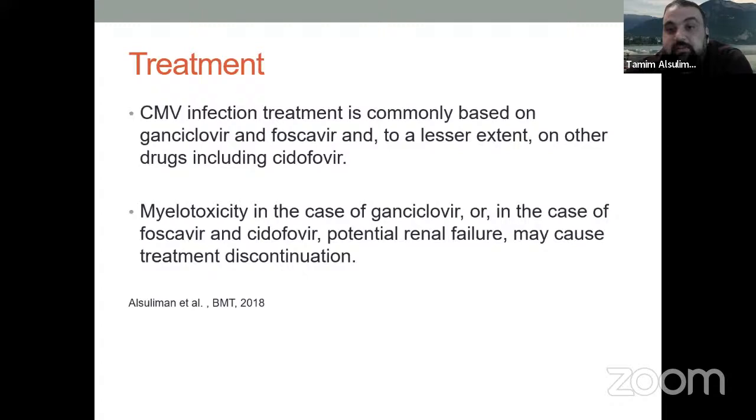CMV infection treatment is commonly based on ganciclovir and foscarnet, and to a lesser extent on other drugs, including cidofovir. The myelotoxicity in the case of ganciclovir, and the renal function impairment in the case of foscarnet and cidofovir, may be the major issues for treatments, alongside the refractoriness of CMV in some cases.